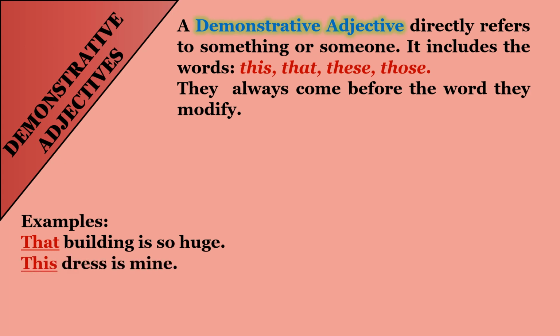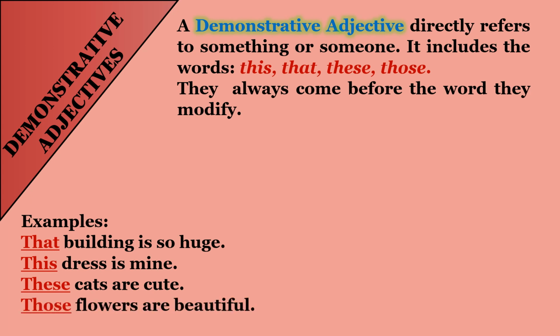Next, this dress is mine. Now this being a demonstrative adjective is used for something that is nearby you. These cats are cute. Now these cats, plural, cats are 2 or 3 or many, and they are close by, so we use the demonstrative adjective these.